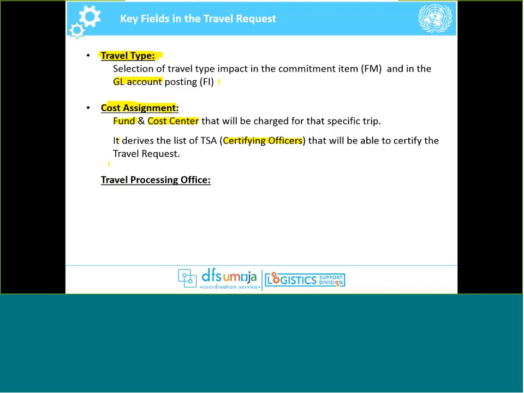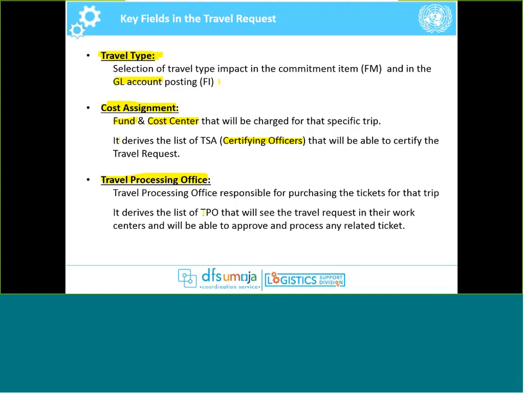The last thing I wanted to emphasize is the travel processing office. As a travel administrator, you'll be able to specify which travel processing office will be responsible for purchasing the tickets for that particular trip. The travel processing office field is used in the system to specify which travel processing officers will see the travel request in their work centers and will be able to process and approve it, to make sure that the vendor purchases the ticket for that trip.